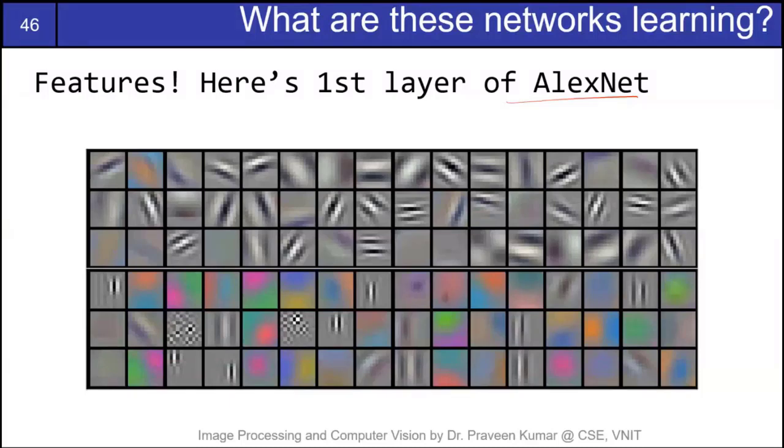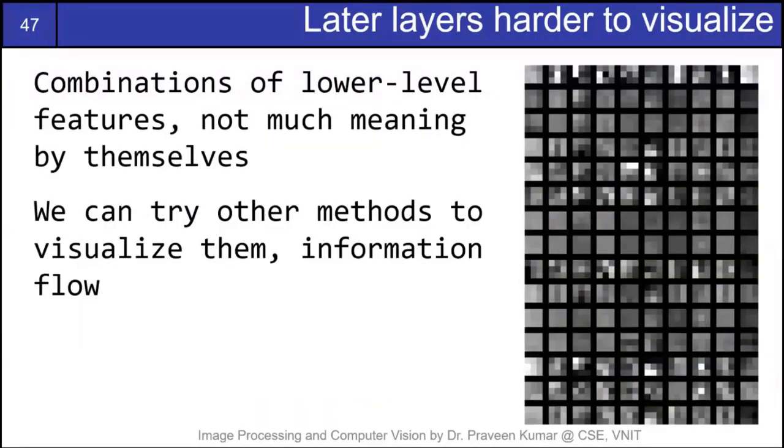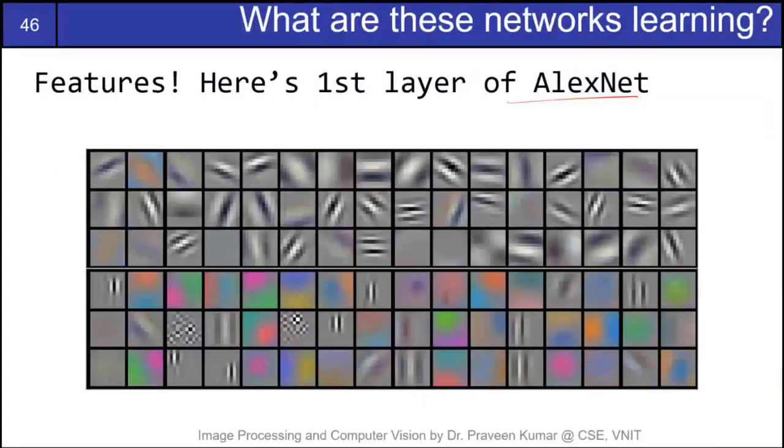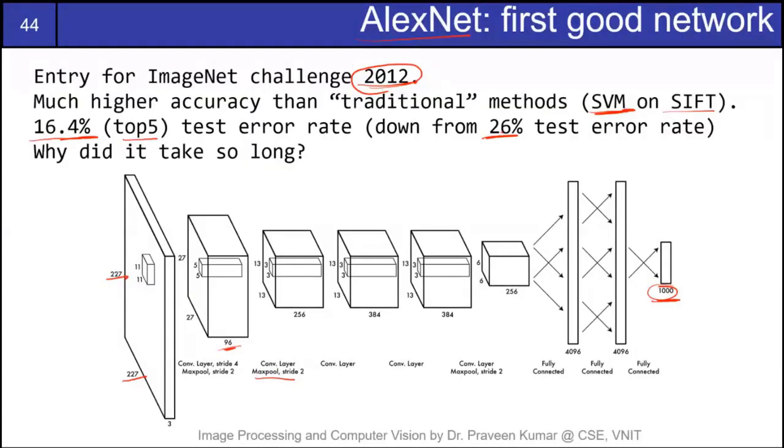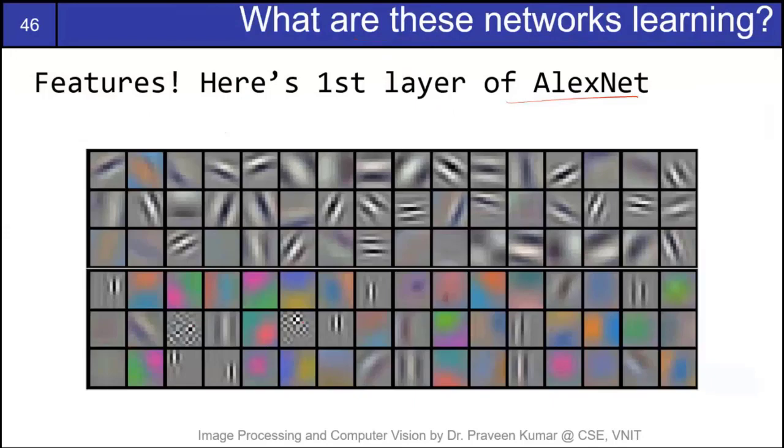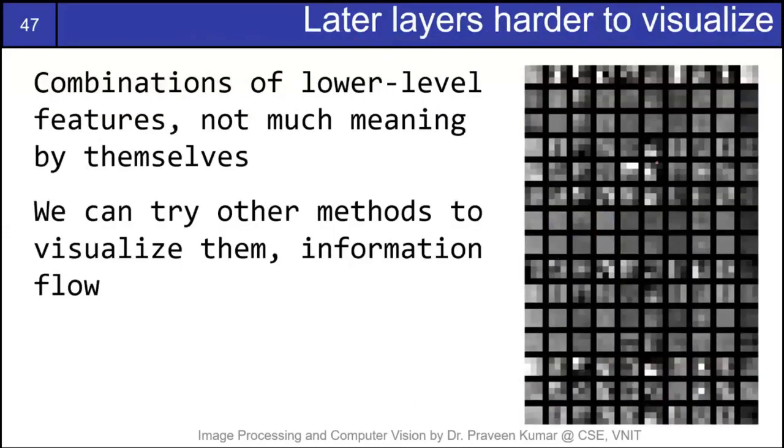But the subsequent layers are very difficult to visualize, because the dimensions become very huge. It is a 96 dimension filter size, and if you visualize each dimension separately, you just get these kinds of patterns, but you cannot infer from them. Visualizing a higher dimension filter is hard.